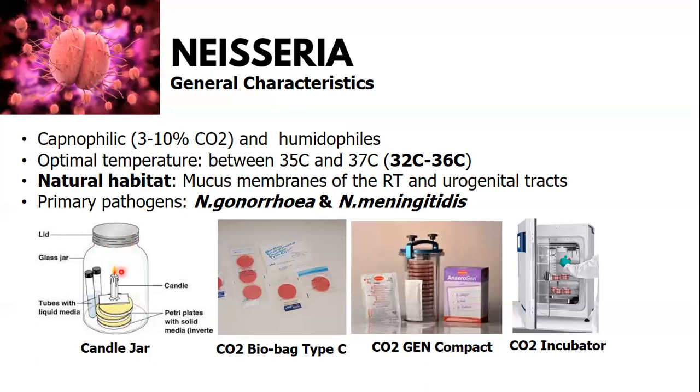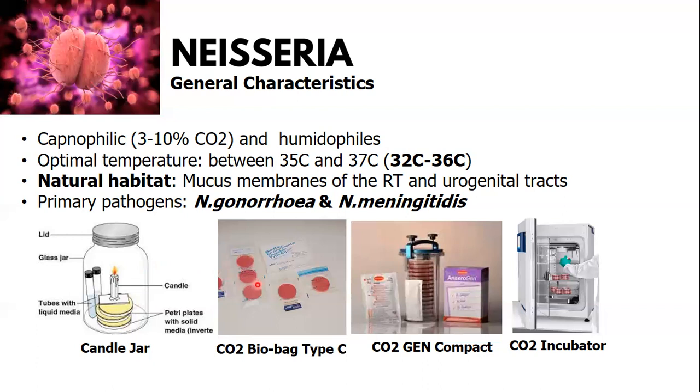And once the flame is extinguished, smoke forms that supplies the required carbon dioxide concentration needed for capnophilic Neisseria to grow. And take note that in this setup, moisture also forms in the jar, and that moisture is enough to provide sufficient humidity that is needed for the growth of Neisseria.